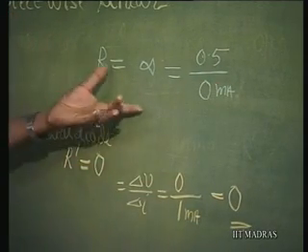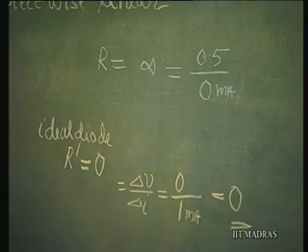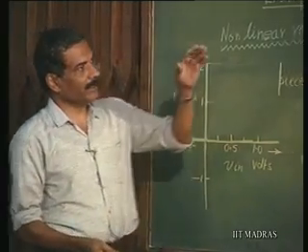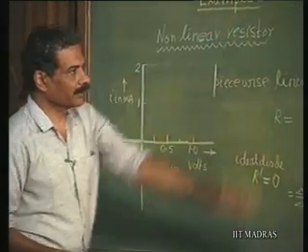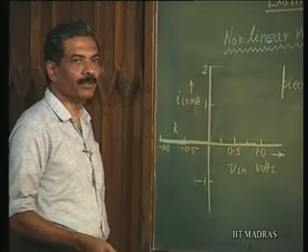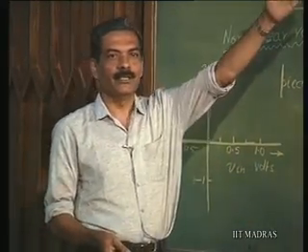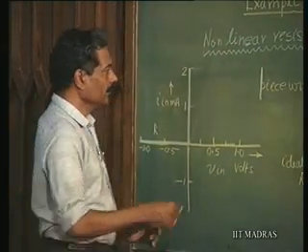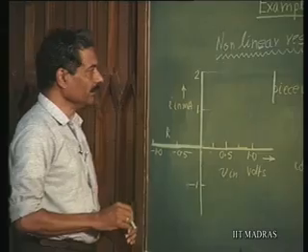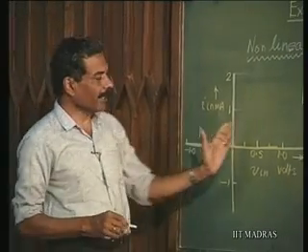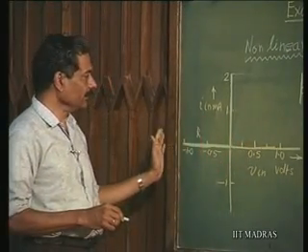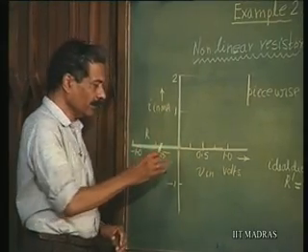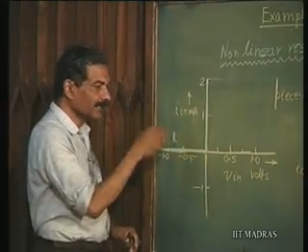That is why its resistance is infinity. Now, you have seen in our example what a linear resistor is. It has the same slope whatever be the range of voltage or current. In a certain range of voltage or current, this particular thing is linear and takes on a certain value.